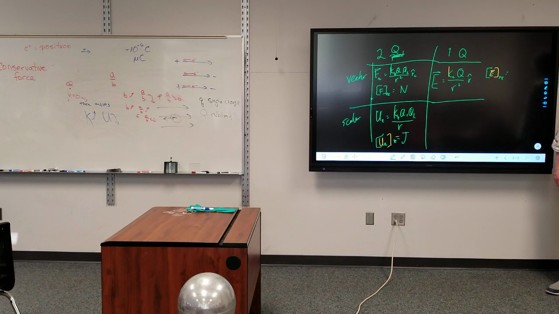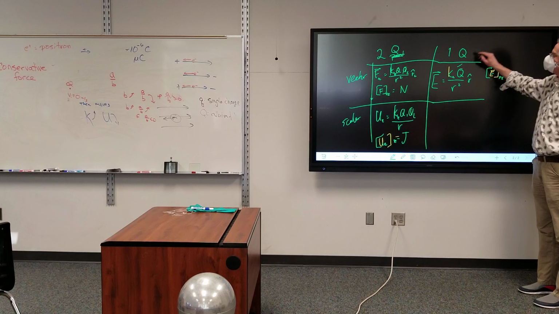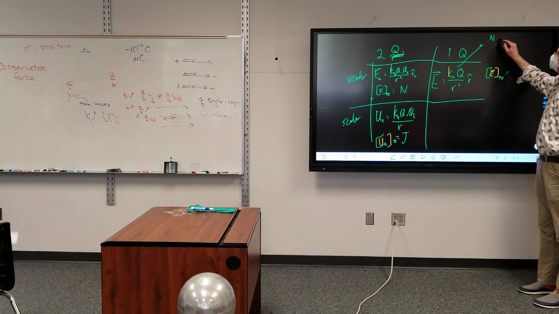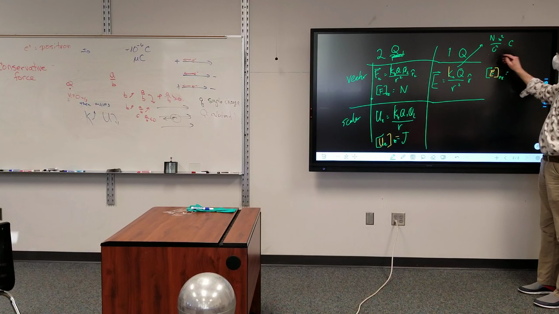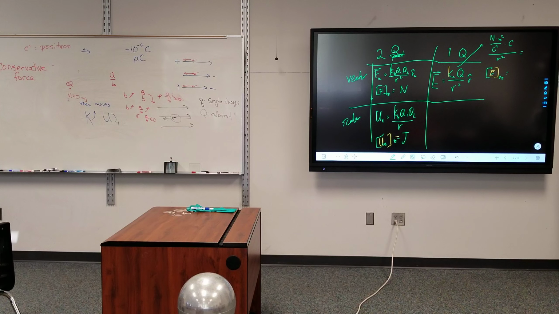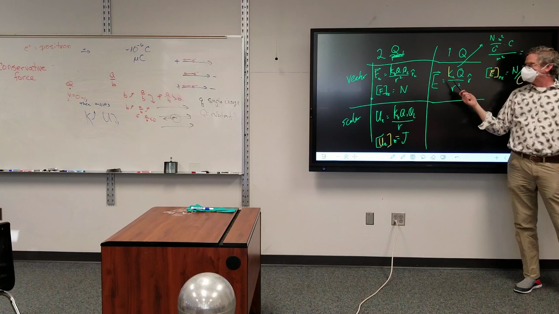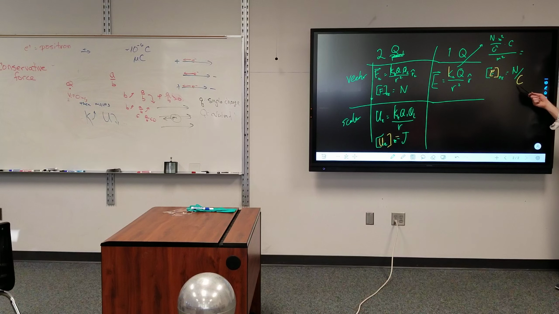No. All right, so K's unit is Newton meter squared per coulomb squared, times coulomb divided by meter squared. What are we left with? Newtons per coulomb. Yes. So basically you have your force and you just divide by the charge you don't care about, so the unit is Newton per coulomb.